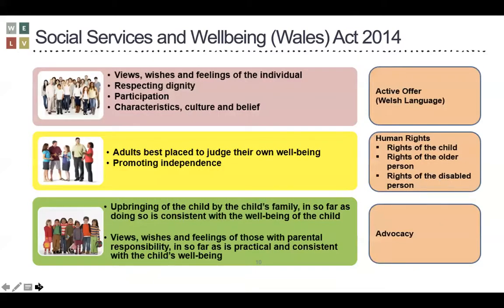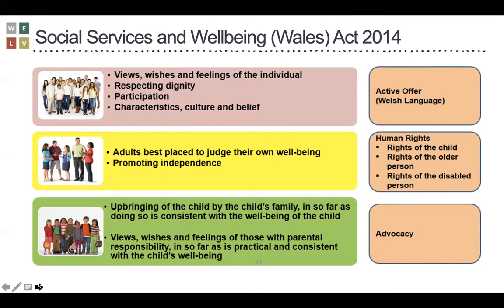So the duties placed on all practitioners under the Social Services and Wellbeing Act are set out on the screen in front of you now. The Code of Practice under Part 2 says we should have regard to the following elements, meaning we've given consideration, reflected, acknowledged, actively sought to promote these aspects of an individual's life.